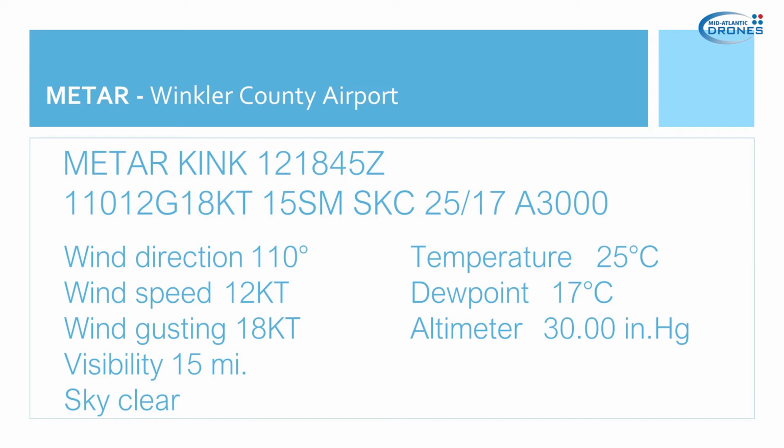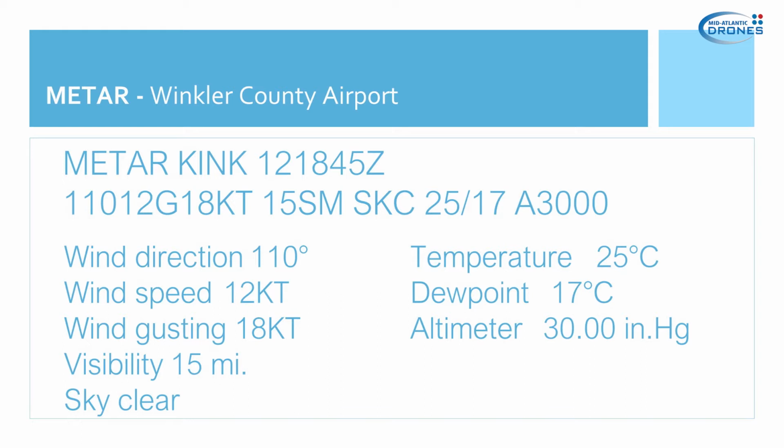Then you have some numbers, 121845Z. This is the date and the time of the METAR. The first two numbers mean that this METAR was generated on the 12th day of the month. And then 1845, so this is military time. 1845 is 6:45 Zulu.